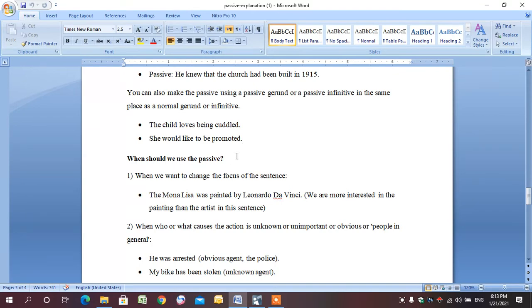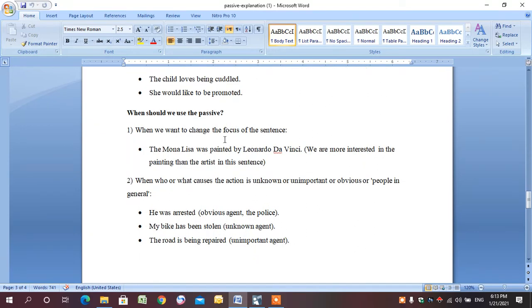Okay. Now, when should we use the passive? Remember, I told you that we have reasons sometimes that we don't want to mention the subject, or we don't want to mention who did the action. So we use the passive when we want to change the focus of the sentence. So for example, the Mona Lisa was painted by Leonardo da Vinci.